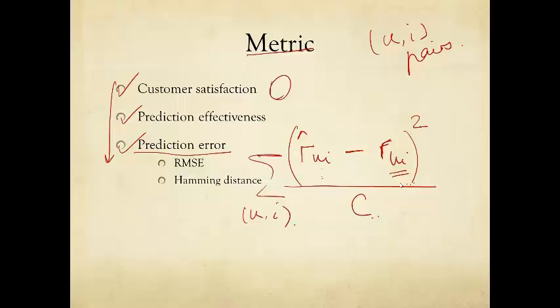But since you squared things, you actually changed the scale. To bring the scale back down, people often put a square root, and that is the so-called root mean squared error, RMSE. It is effectively the so-called L2 norm of a vector, the vector being the error vector, the difference between R hat and R across all these UI pairs.